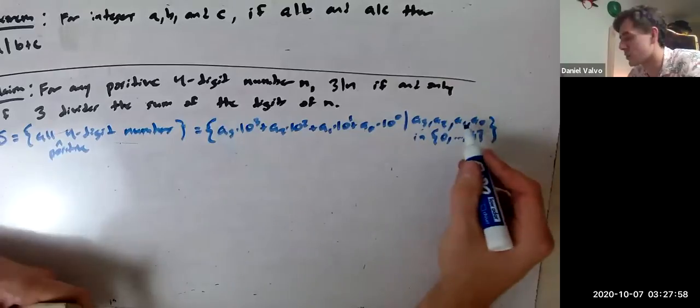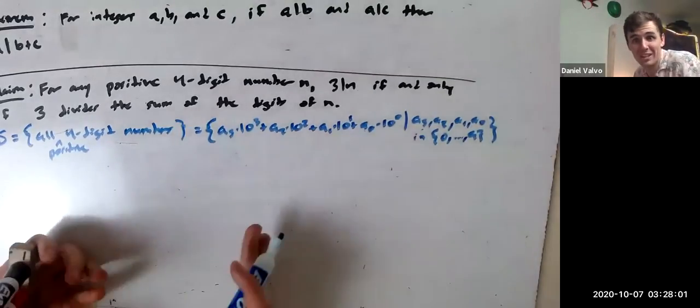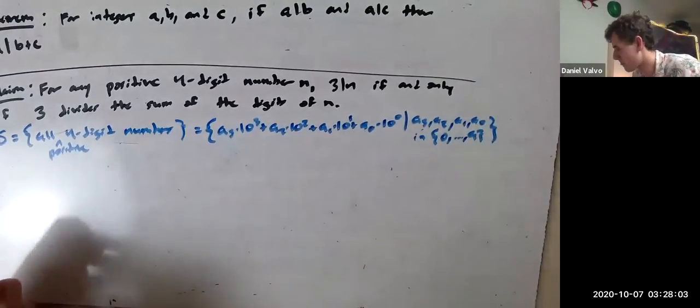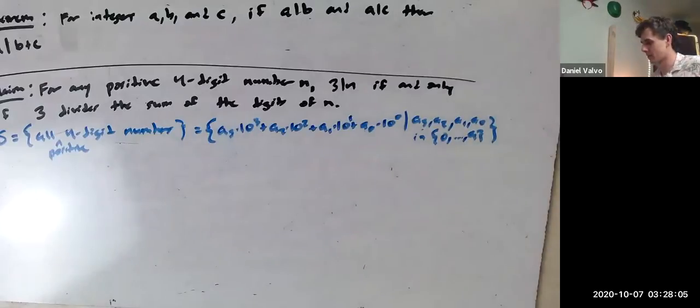So all of these come from 0 to 9 because that's how digits work, right? Any digit in a number is between 0 and 9.